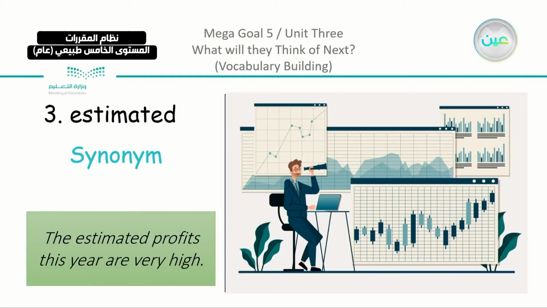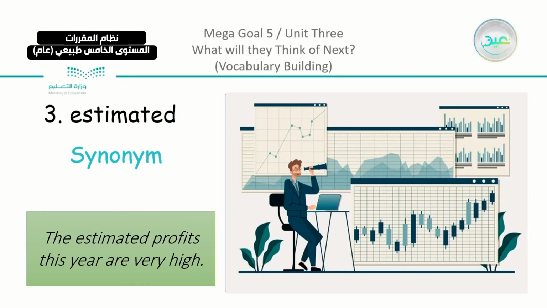So we can see this businessman, there is a study of a project, he has his laptop, he has his graphs, and based on the things that he sees, he thinks that the profit or the money he will gain will be very high. Does he know exactly how much? No, but it is an estimated amount.